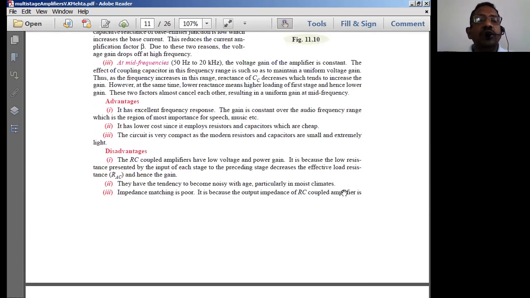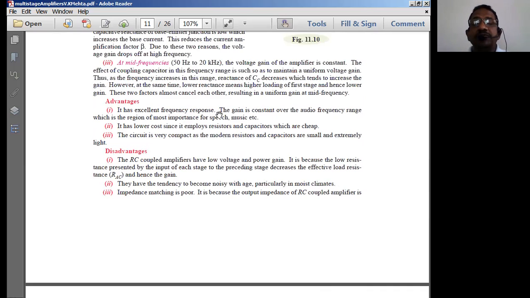So let us try to enumerate the differences now. It has excellent frequency response because the bandwidth is going to be very good. Therefore, I can say the frequency response is good because frequency response is more or less compared with the fidelity. So if the fidelity is very high, which means what?